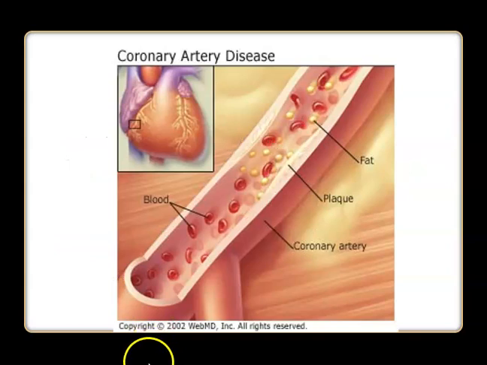So going back to atherosclerosis, this is a progressive disease characterized by atheroma or plaque formation. It affects the intimal and medial layers of the large and mid-sized arteries. This can be caused by unknown precipitating factors that cause lipoproteins and fibrous tissue to accumulate in the artery wall.